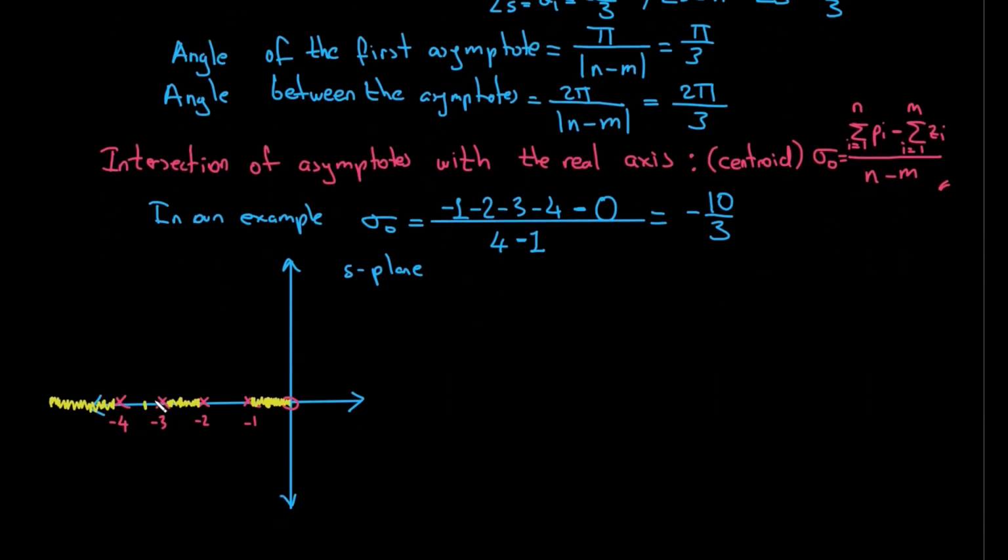So I will plot them. So it will be something like this, okay? The first asymptote, the second asymptote, minus pi over 3. I mean, it doesn't have to be second or third, it doesn't matter, and so on. And another asymptote has angle pi, so this will go to minus infinity on the real line, okay?